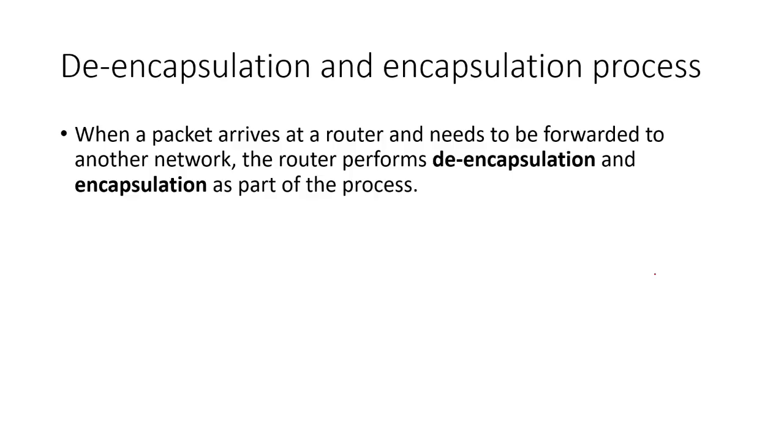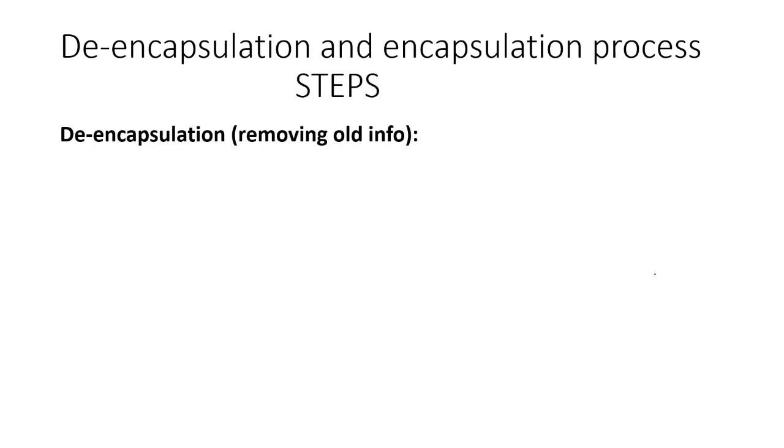In a router, when a packet arrives and needs to be forwarded to another network, the router performs de-encapsulation and encapsulation as part of the process. This is done upon the entry of the data packet into the router. The first step is de-encapsulation, which is the removing of the old information from the packet that just arrived.